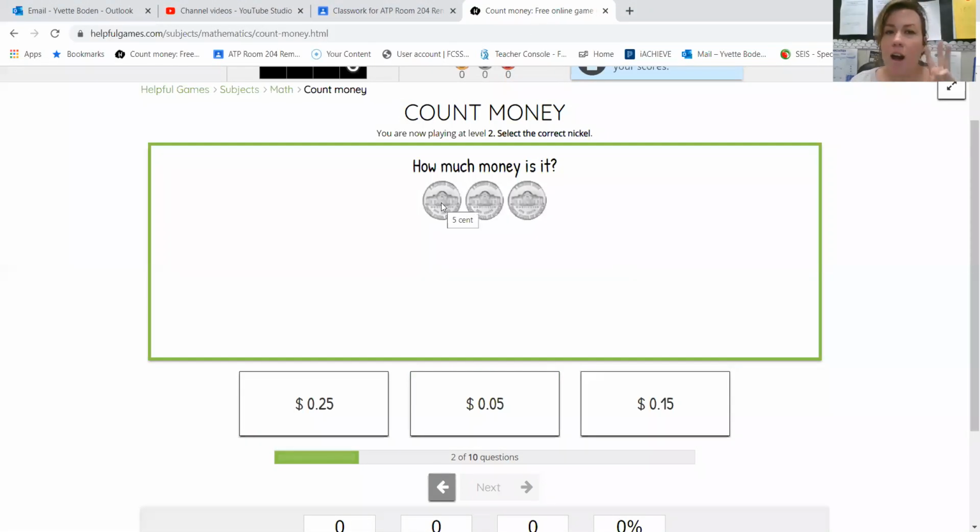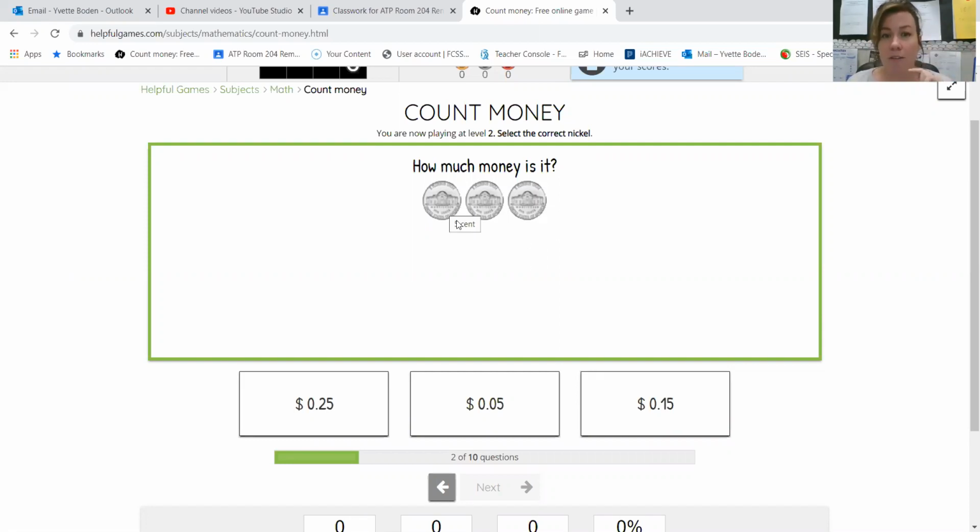Okay, so here I've got 3 nickels. 5, 10, 15. Nice thing about math, I always say, is that the answers never change. They're always the same. So if I'm counting fives, I'm going to always start with the number 5, and then 10, and then 15.